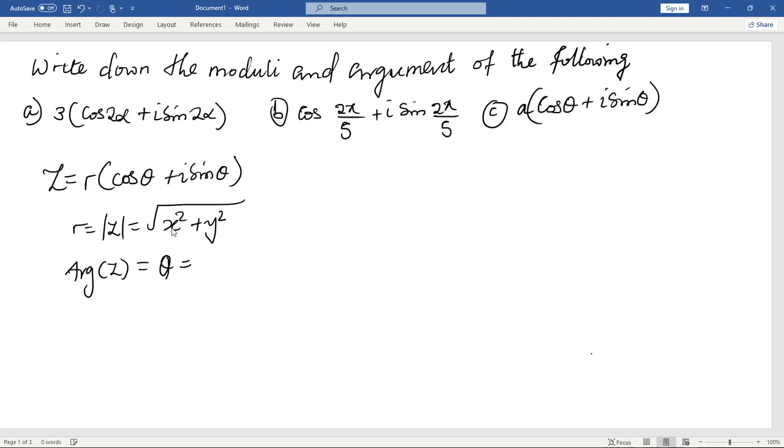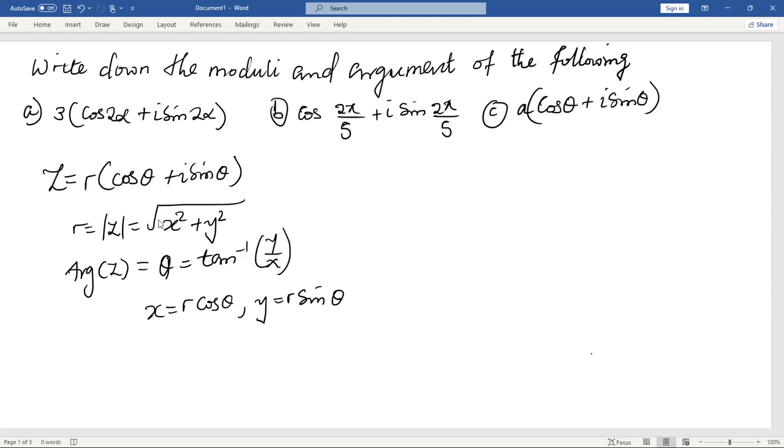If you're given a complex number in rectangular form, then the argument can simply be found by the inverse tangent of y over x. Then the value of x is simply equal to r cos theta, and the value of y is simply equal to r sine theta.